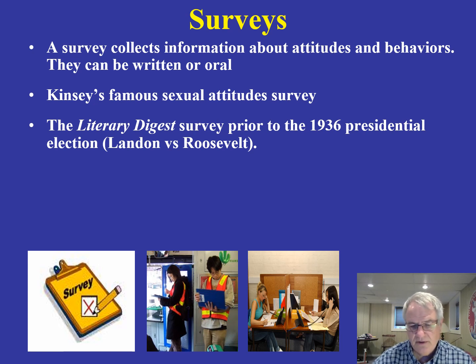Is it going to be Alf Landon, the Republican, or Roosevelt? Well, by an overwhelming majority, the respondents, again, all subscribers of the Literary Digest, said that they felt Alf Landon would win.